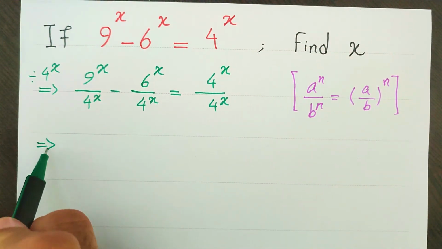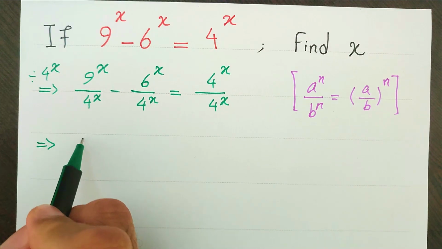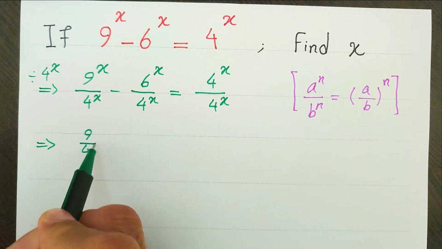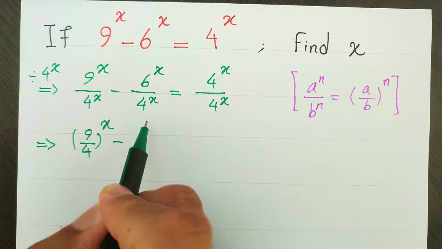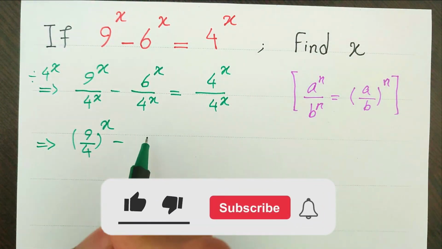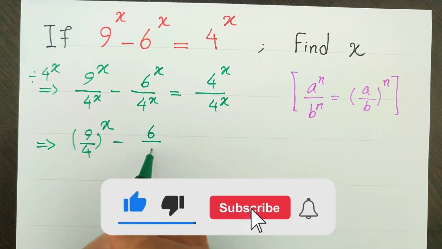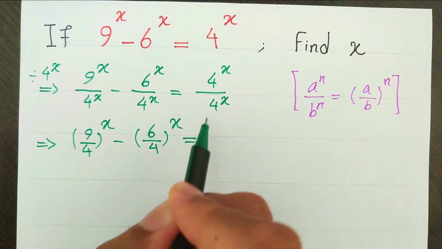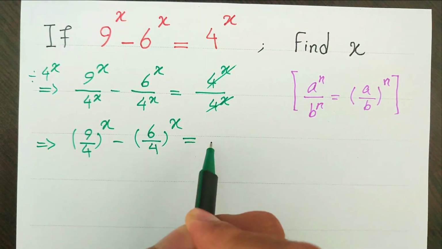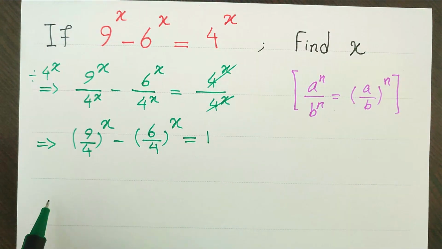By applying this identity, we have 9 over 4 to the power of x minus 6 over 4 to the power of x equals 4 to the power of x in numerator and denominator cancel each other out, so equals 1.